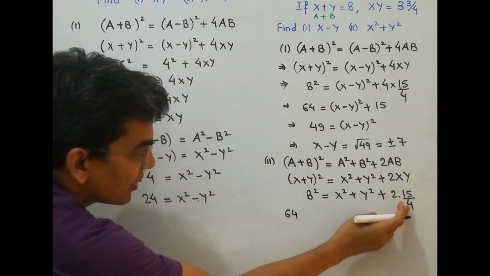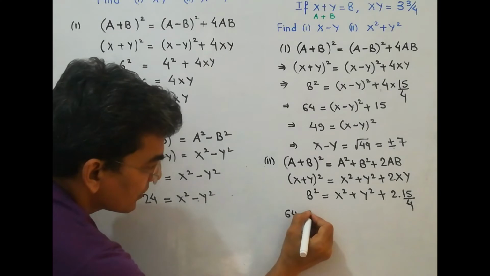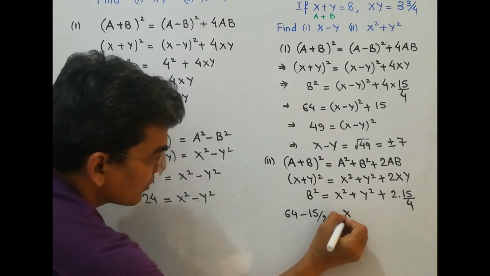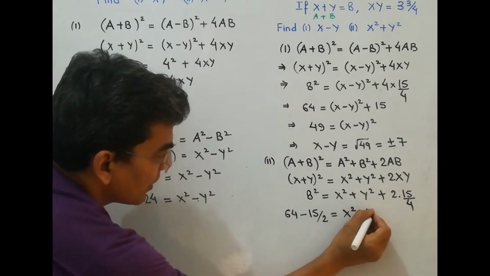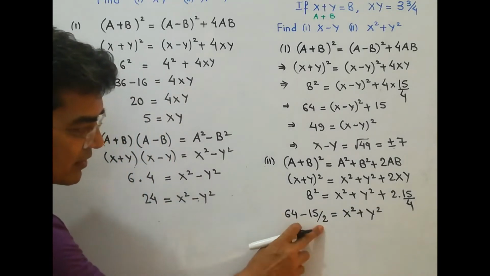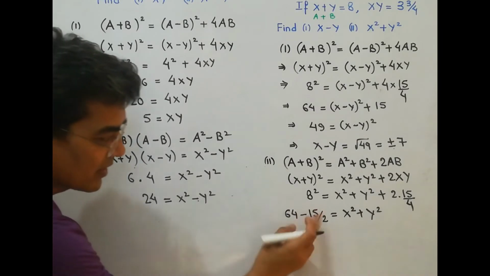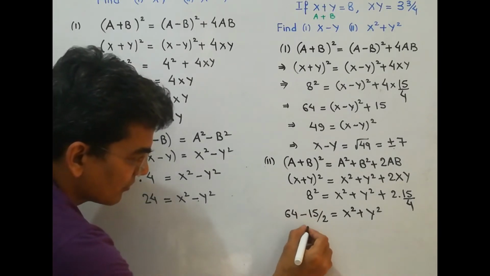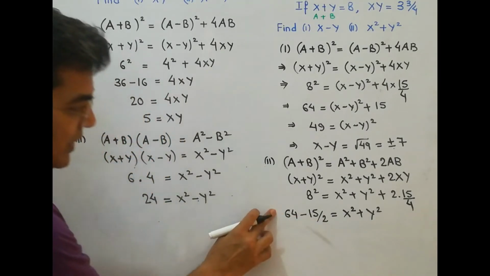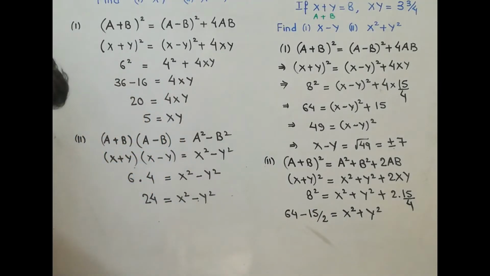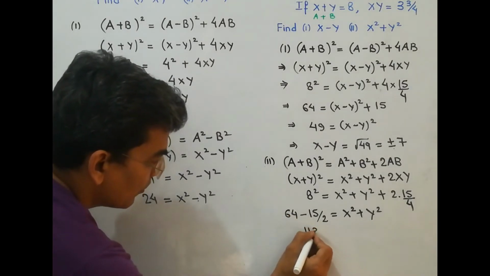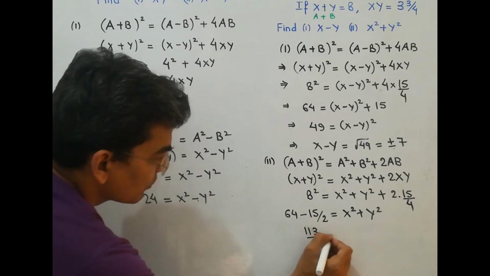This will give you 15 upon 2. So 64 minus 15 upon 2 is equal to x square plus y square. Now you take LCM and subtract it. This will give you 128 minus 15. So that will give you 113 upon 2.